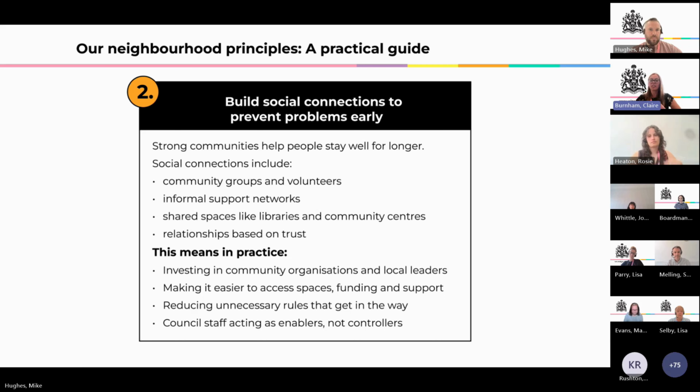I think building social connection is also the deep listening, and really understanding where there might sometimes be barriers in place that prevent us doing the right thing. All of our staff across the council and the broader partnership, if you're a front-facing officer or even in a back office function, there will be a time when you've thought, I want to do the right thing, but sometimes it can be the system or a process or a policy that is a barrier.